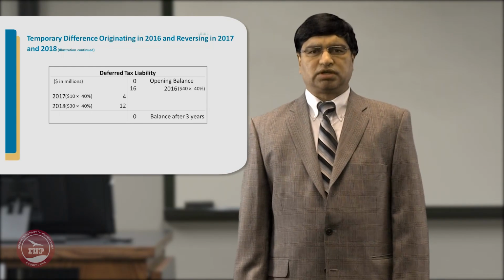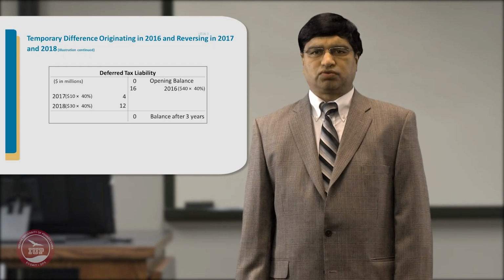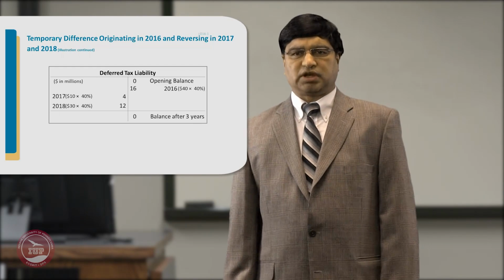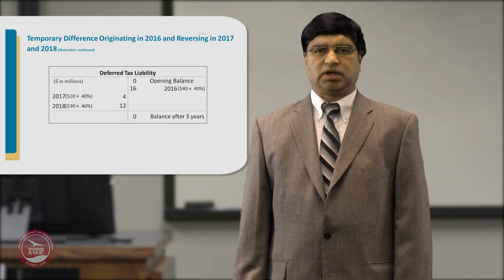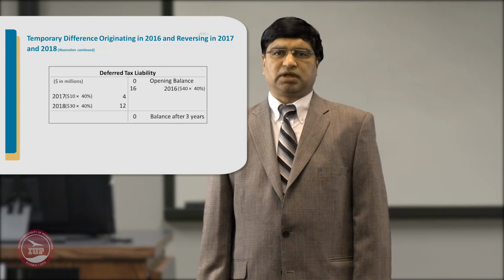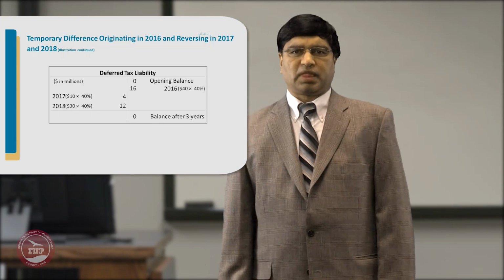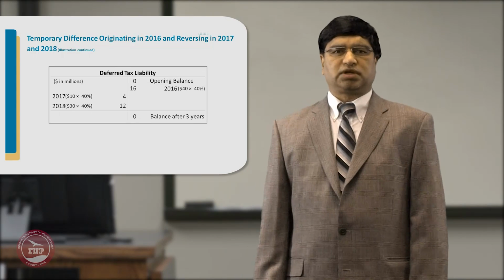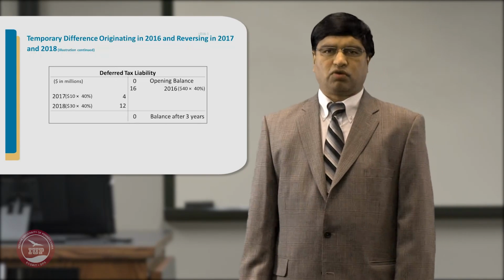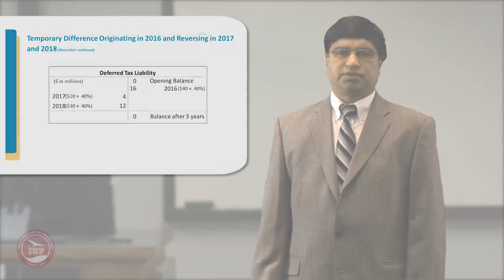So this is how the journal entries will look, and if you look at the deferred tax liability at the end of year 3, or at the end of 2018, your deferred tax liability becomes zero. All the temporary differences have been reversed over a 3-year period.